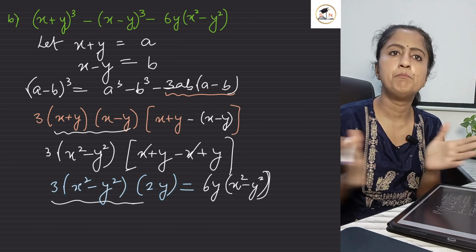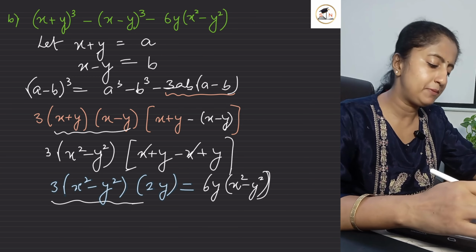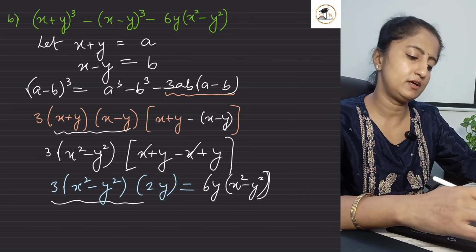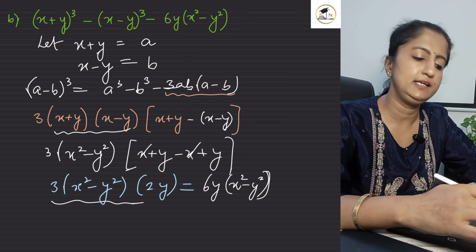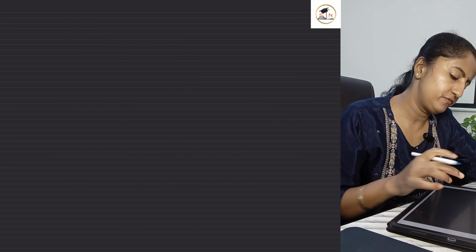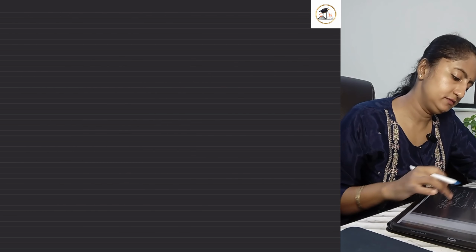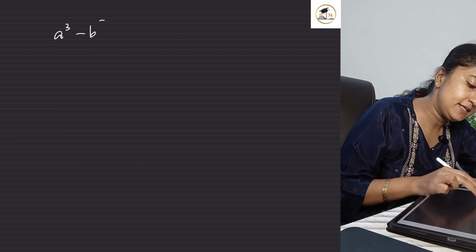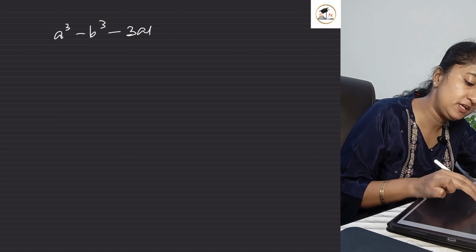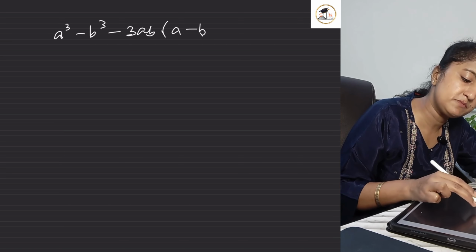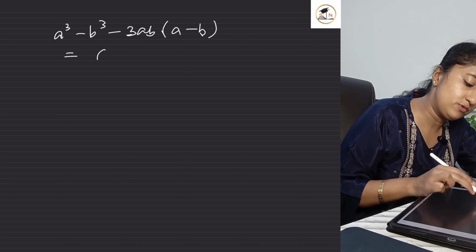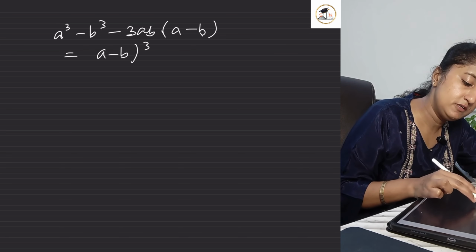Now we will just merge things. Without applying individual identities over here, we have proved what it equals. So what we are getting now is a³ minus b³ minus 3ab(a minus b), right? This is equal to (a minus b) whole cube.